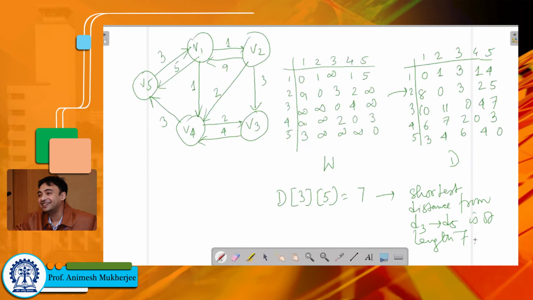Okay, so in the left hand graph, if you see, the shortest distance from V3 to V5 will have a length of 7. Okay, this and this via V4.